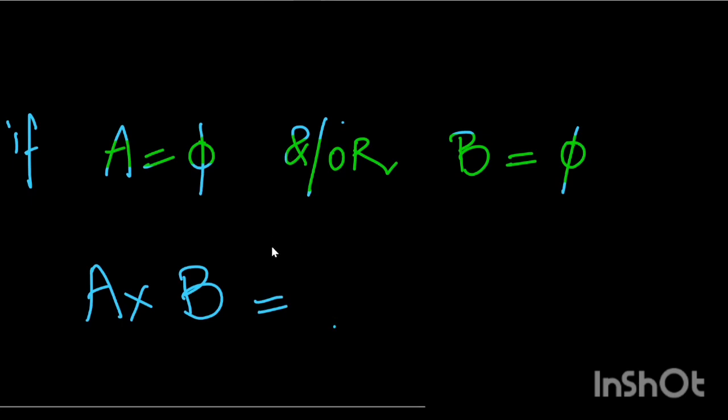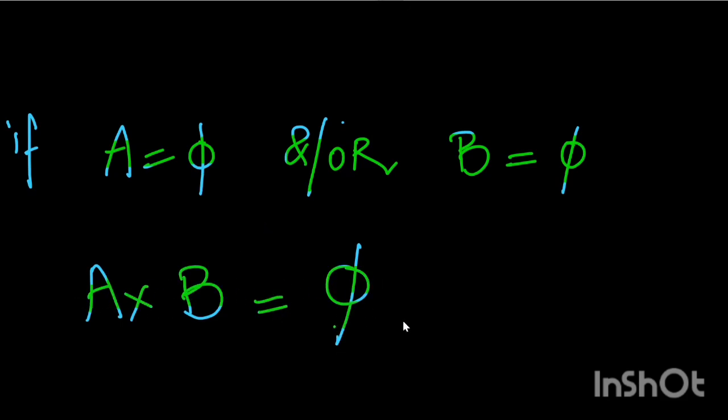If any one set or both doesn't have any element, A cross B we cannot make, because we need an ordered pair, and if the first element or the second element is nothing, an ordered pair cannot be formed. So A cross B will be defined as phi. In that case, if either or both are phi, then A cross B is phi, guys.